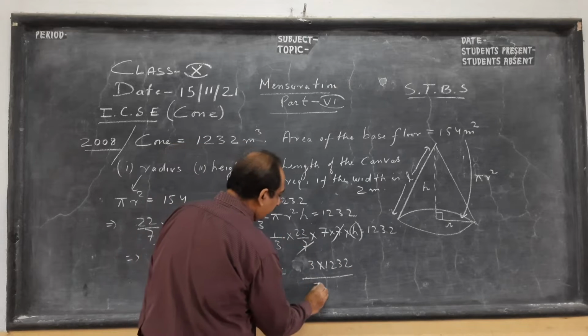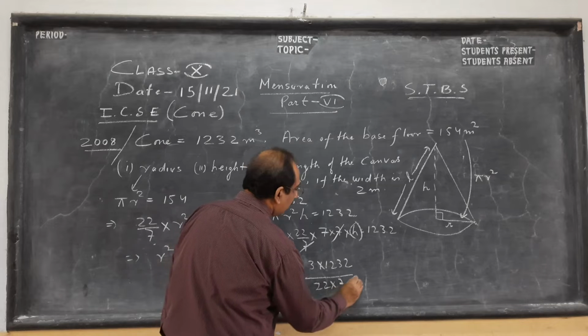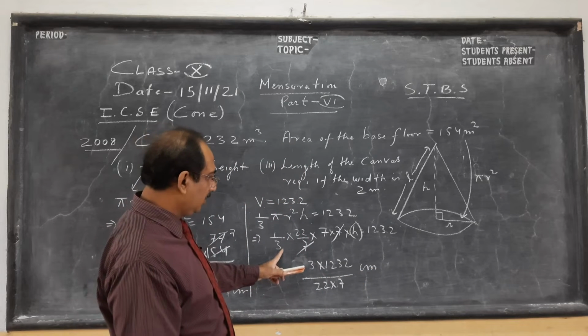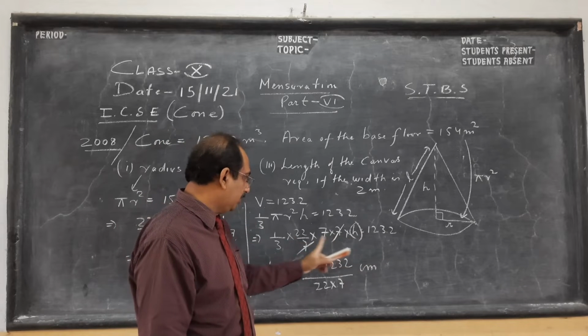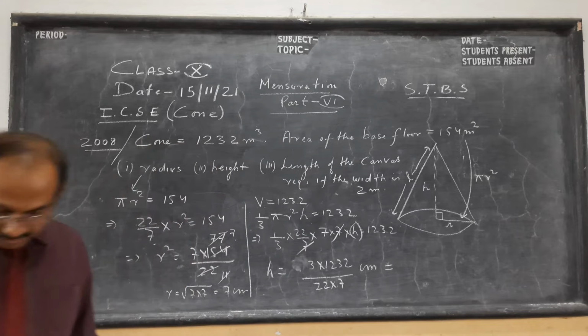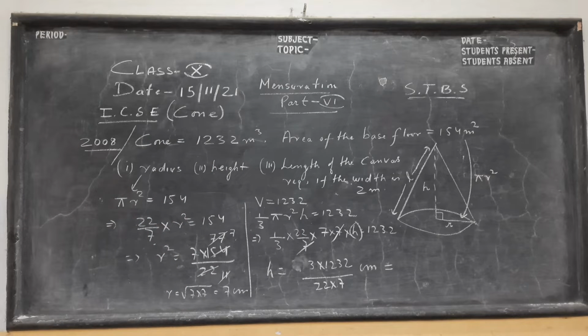And 22 and 7 come here. This will be in centimeter. So 3 into 1232, and 22 and 7 come. Kindly cancel and see, it will be an easy cancellation since it is an ICSE question. If you cancel, you will get the height as 24 centimeter.